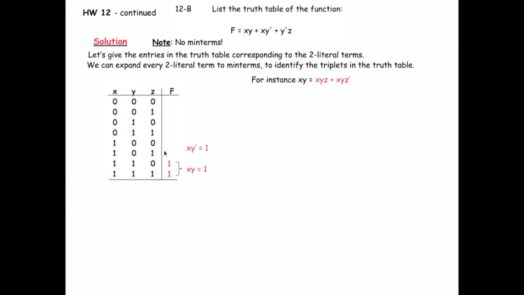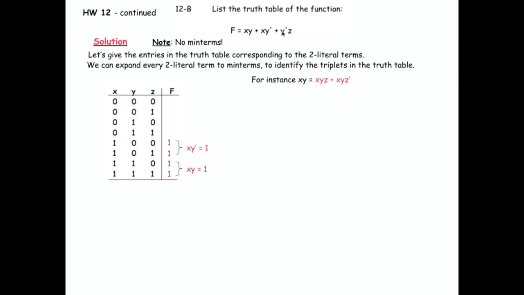And that will be, again, 2 rows. So x is the true value, 1, 1, and y is the complement, so 0, 0. All right, so it looks like these 2 rows are also going to be 1 no matter what z is, right? So either 0 or 1, so this is still 1.